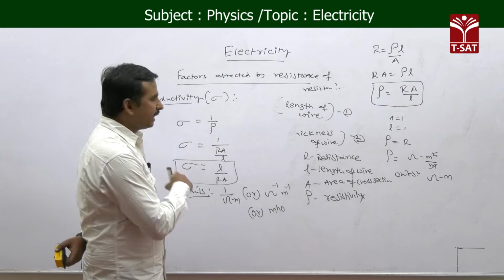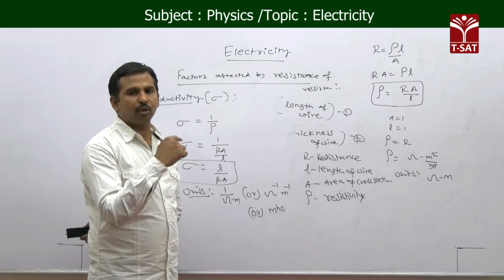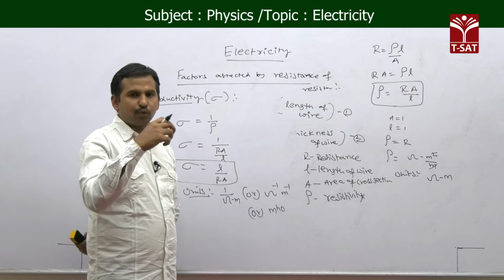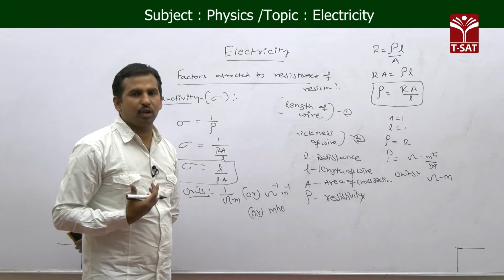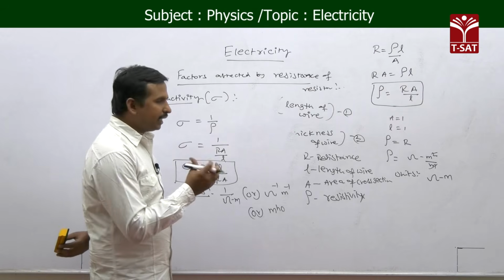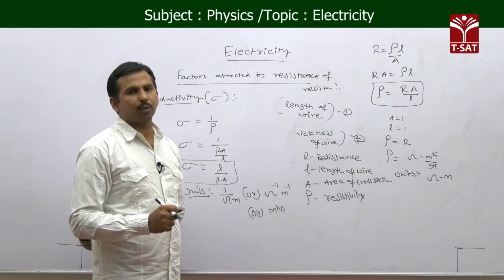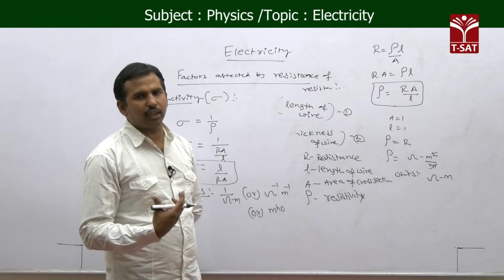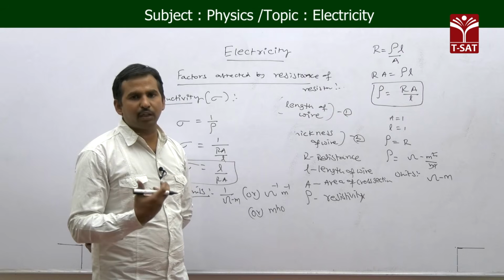That is about conductivity. Conductivity is about how much capacity the conductor has to flow the charges through it. So conductivity and resistivity are inversely proportional to each other. For an ideal insulator, the resistivity value is infinite.